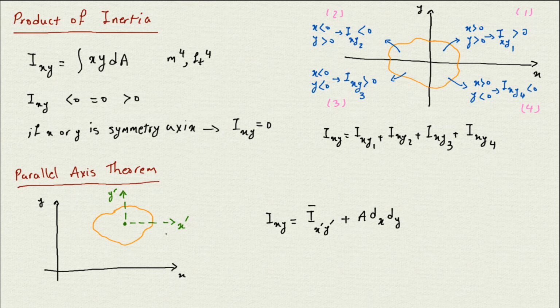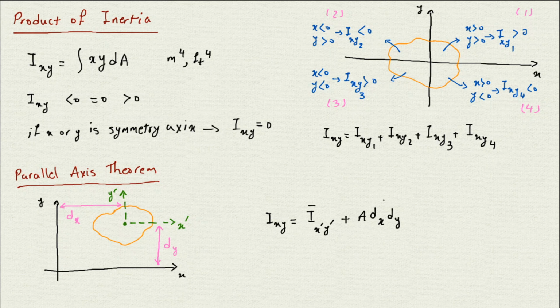The d sub x is the distance between the y and y prime axes. And the distance between the two x axes is going to be d sub y.